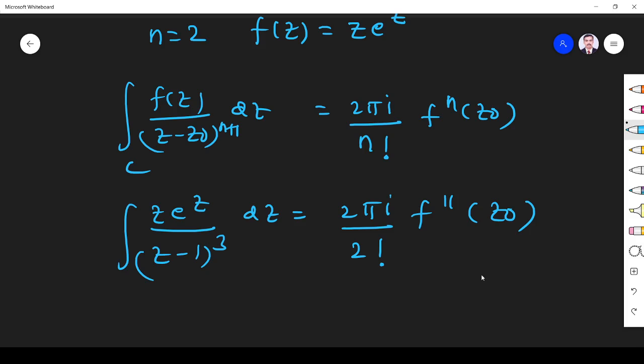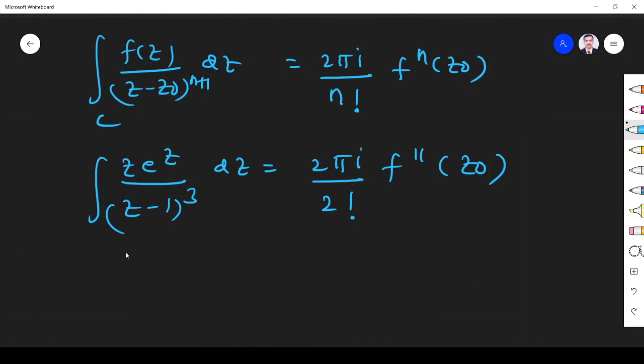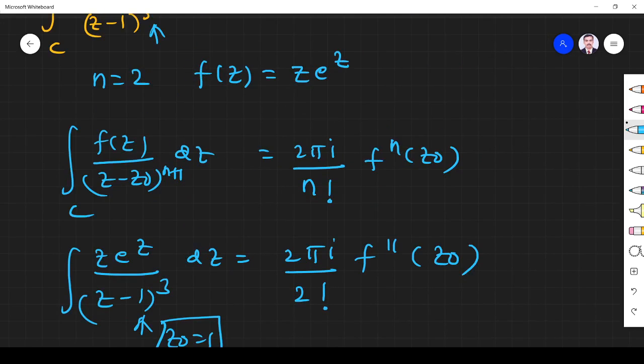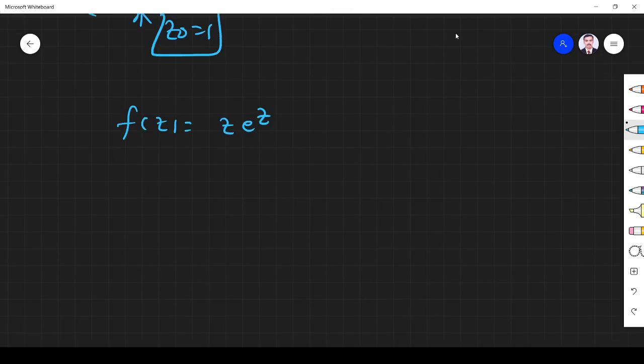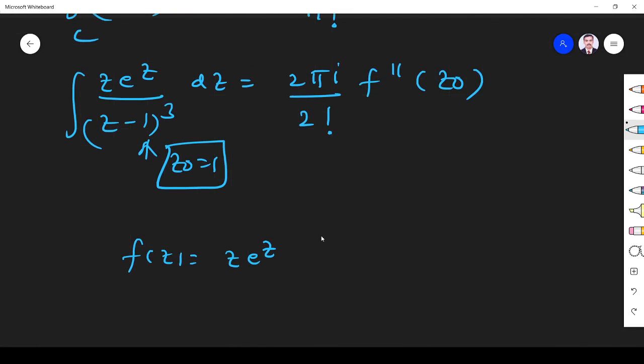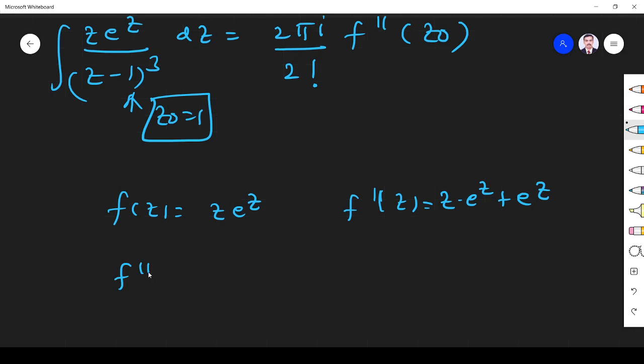So I need f double dash of z naught. z naught is equal to 1. So what is my f of z? f of z is equal to z into e power z. Yes or no? So I want in my answer f double dash of z naught. So f dash of z is equal to, using the product rule, z into e power z plus e power z. f double dash of z is, again, differentiating z e power z gives z e power z plus e power z, and e power z is e power z.